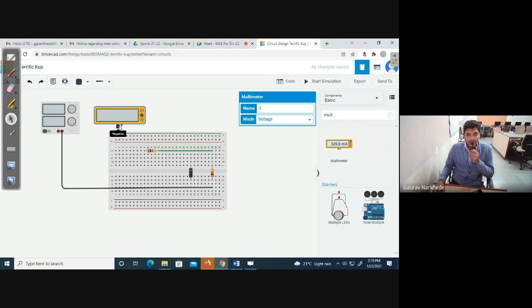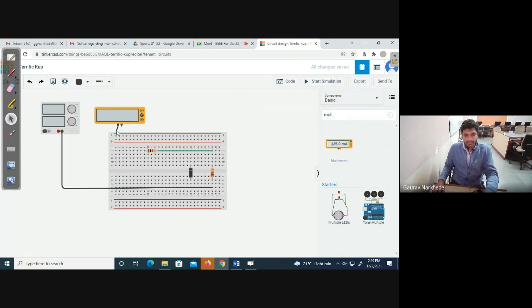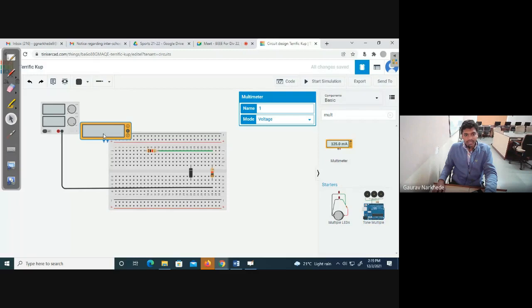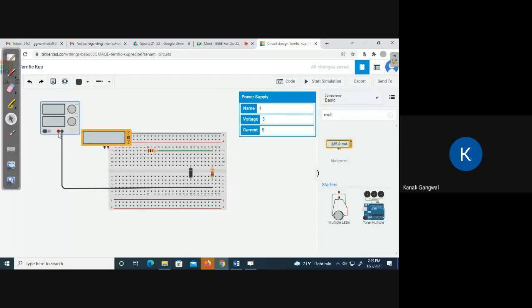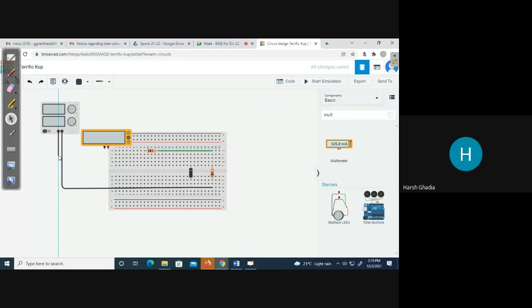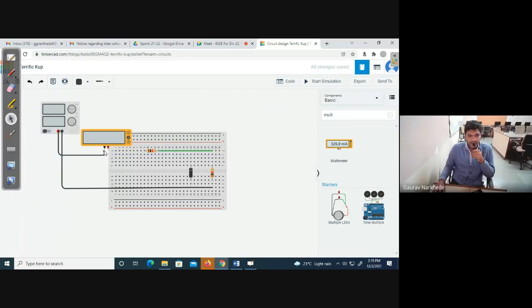And now how to give the multimeter, right? Multimeter ammeter is connected in series or parallel? Just tell me. Series, right? Series. So I'm just connecting this. I'm just using these orange wires for connecting the ammeter, just for your reference, and this is connected here.